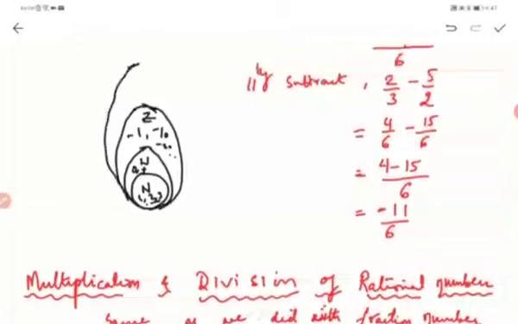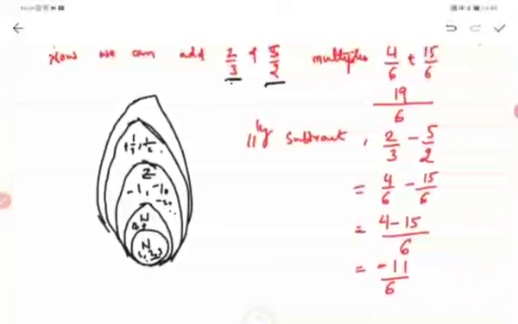Okay, so all these are subsets of each other. So fractions will be like 1 by 3, 1 by 2, and so on. The next big set of numbers is rational numbers. Okay, so rational numbers will have negative fractions as well as positive fractions. So this is how numbers are basically divided.